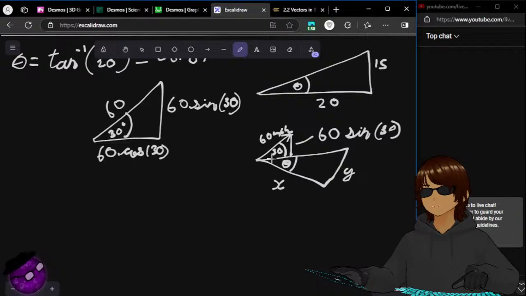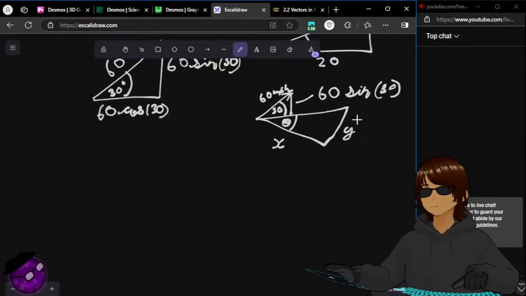So since this is 60 cos 30, then in the x direction, this would be sine theta. Wait.